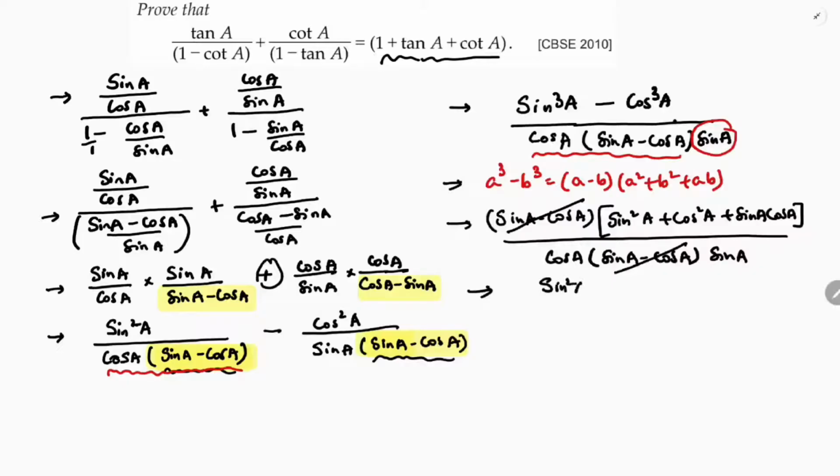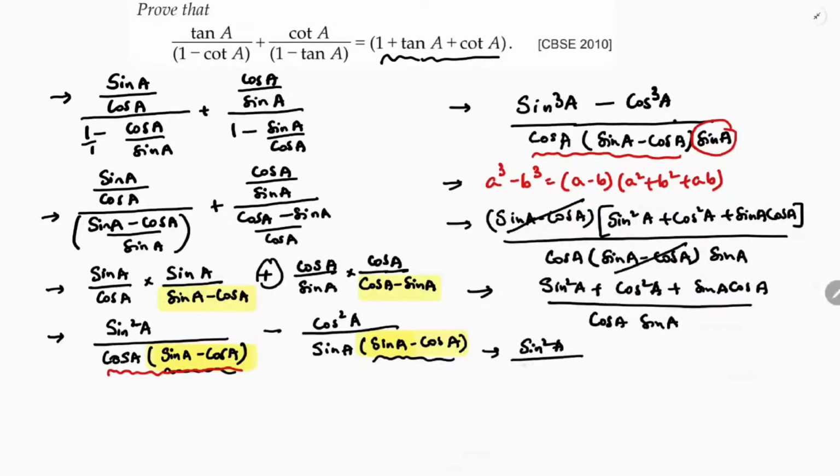So sin square A plus cos square A plus sin A cos A by cos A sin A. Now split everything here: sin square A by cos A sin A, plus the second term cos square A by cos A sin A, plus sin A cos A by cos A sin A.